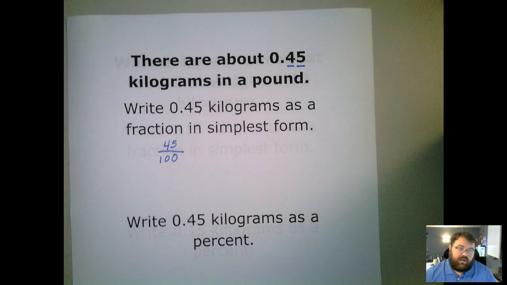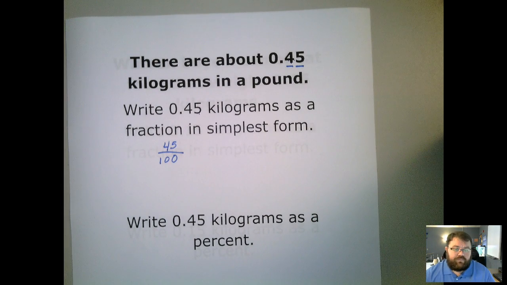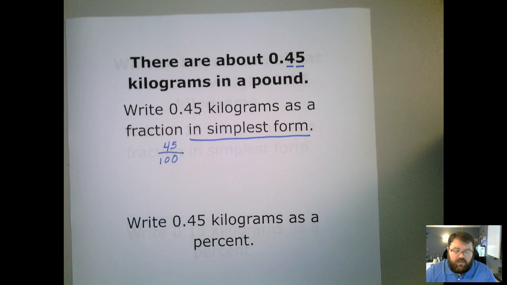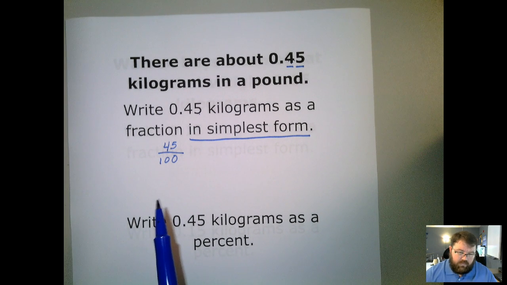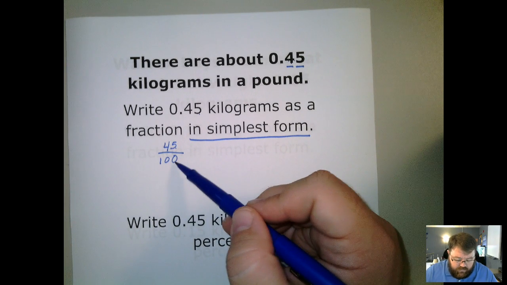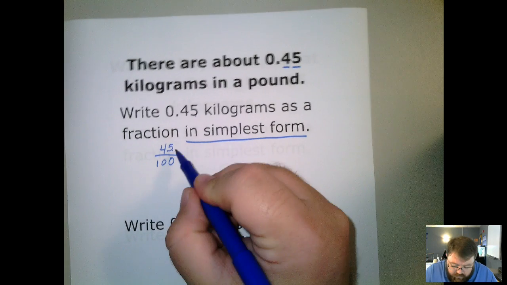However, it would be incorrect if you were to say that this is your answer, and the reason is because it needs to be in simplest form. So we've got to think of a number that goes into 45 that also goes into 100. Well, I look at this and I say, this ends in 5 and this ends in 0, so I know that 5 goes into both of them.